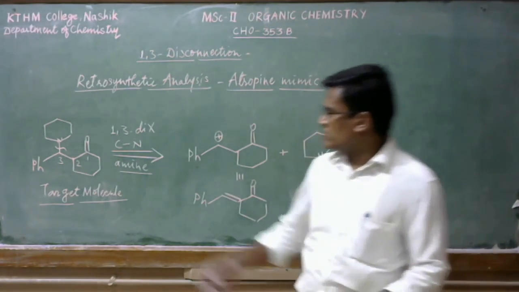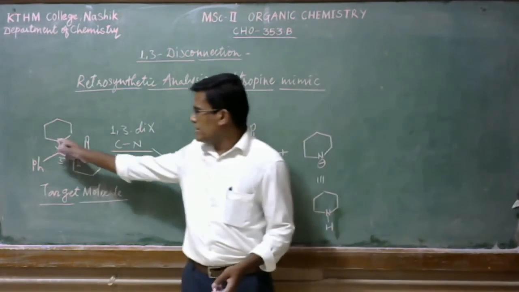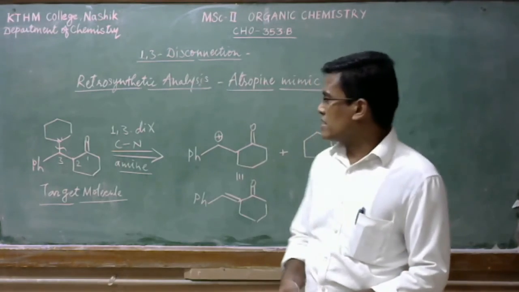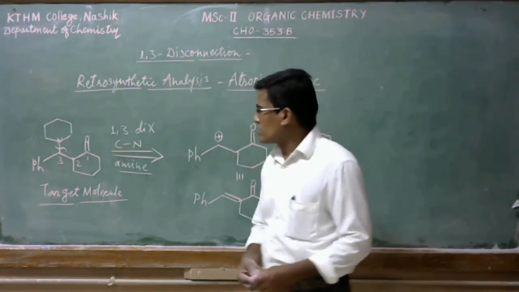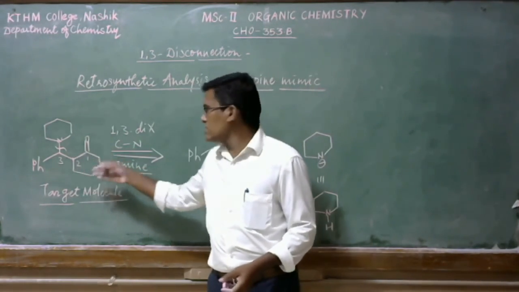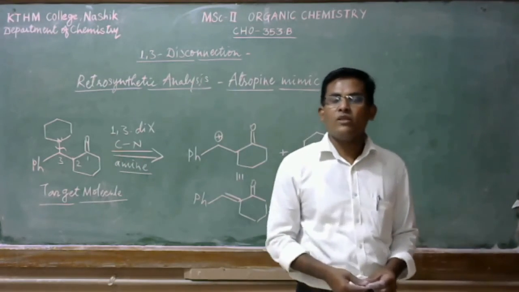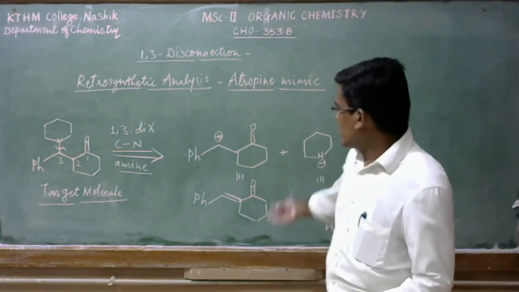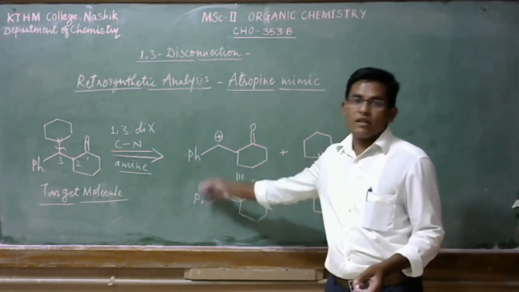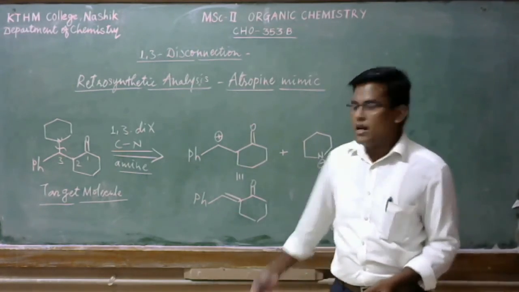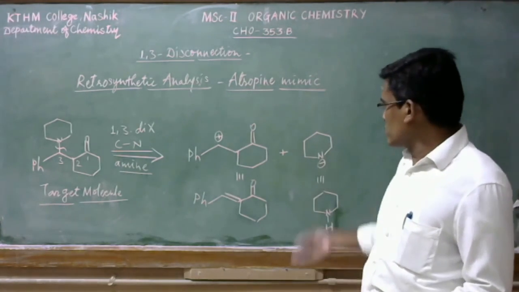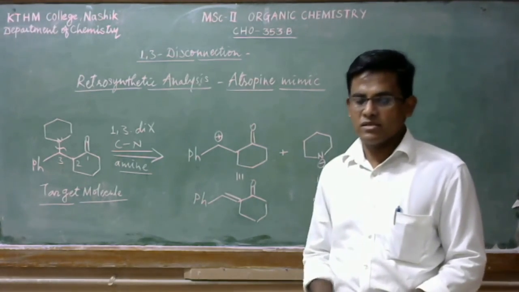So when you look at this molecule, you will observe this CN bond. We can easily cleave that CN bond, which involves a 1,3 disconnection. So after cleaving that bond, we will get the alpha beta unsaturated carbonyl compound and this secondary amine. So this is how the retrosynthetic analysis goes.